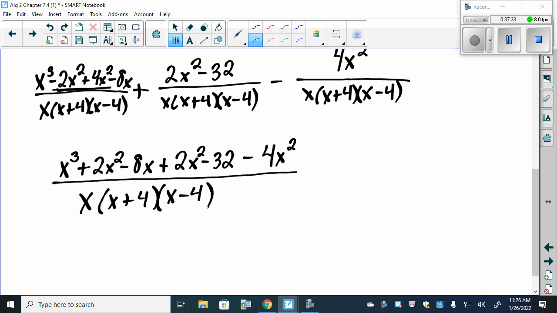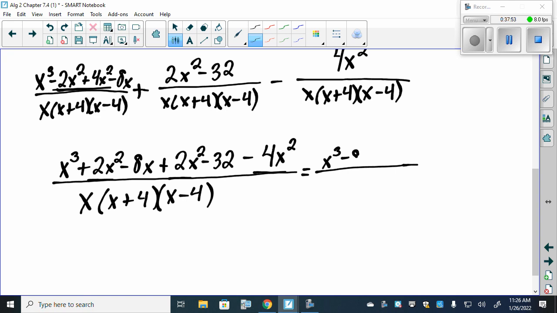Well, the only thing we need to do now is combine like terms and see if we can simplify anything. Well, looking at the numerator, x cubed is its only like term. Well, 2x squared plus 2x squared minus 4x squared is 0.